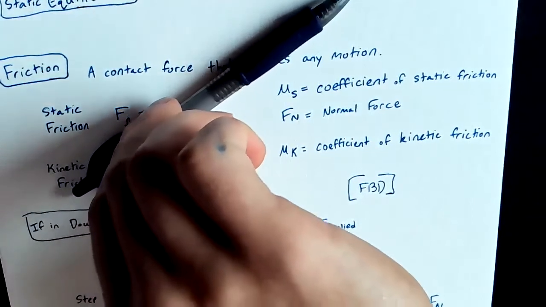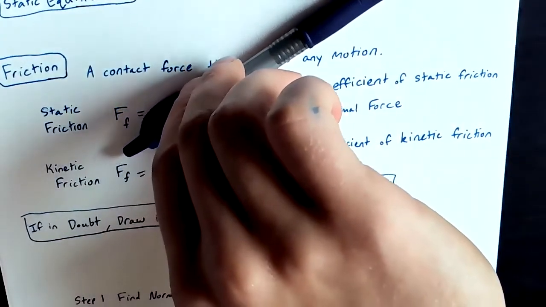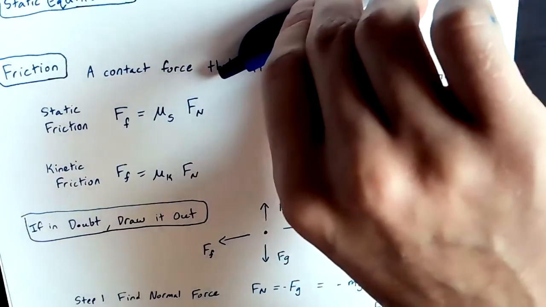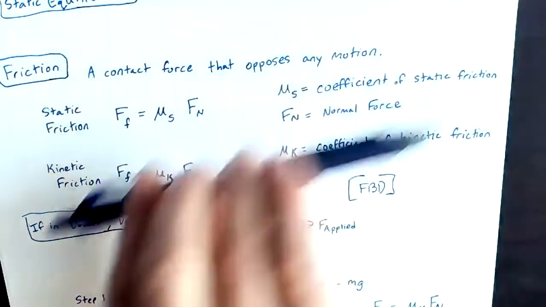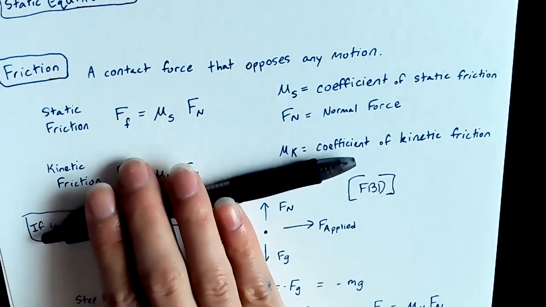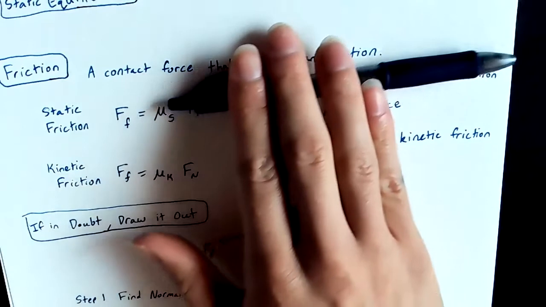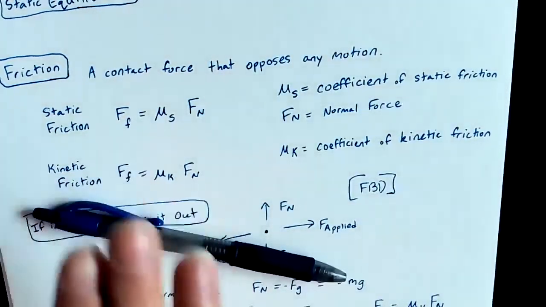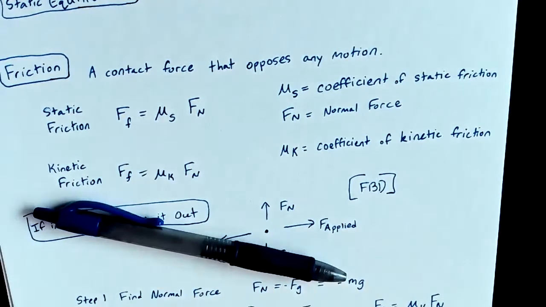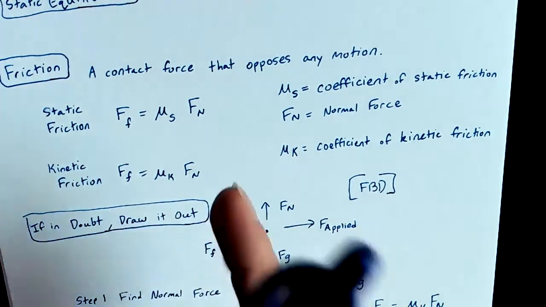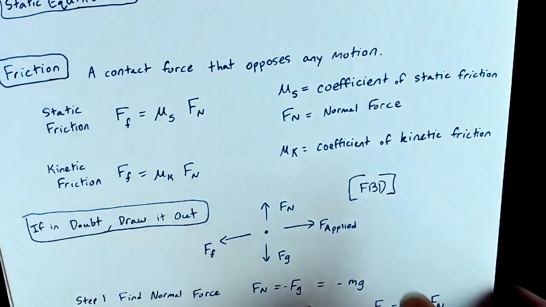And then once it's moving, you can calculate the amount of friction it's experiencing when it's moving as well. So static to make it move, and then kinetic friction calculates it when it's actually moving. It's important to remember the difference, but in the equation itself, it'll kind of tell you which way to go.